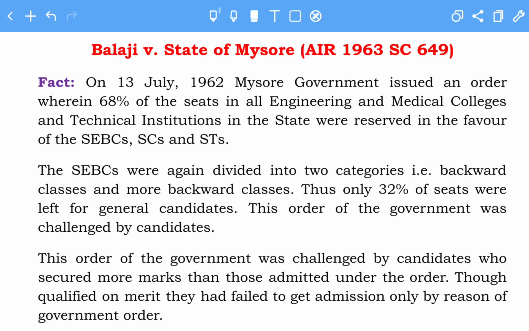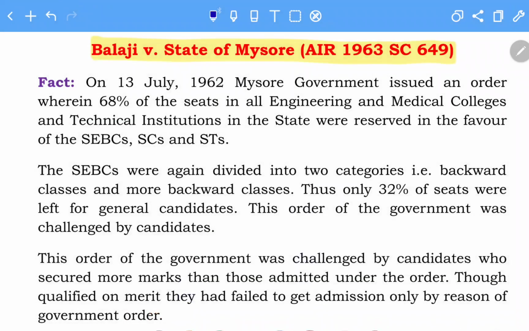So my dear friends, in today's video we are going to discuss a very important case, and the name of the case is Balaji versus State of Mysore. You all have heard about this case because this is a very important and leading case on Article 15 clause 4.